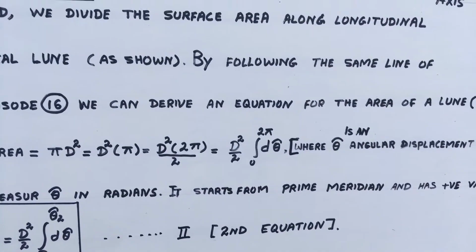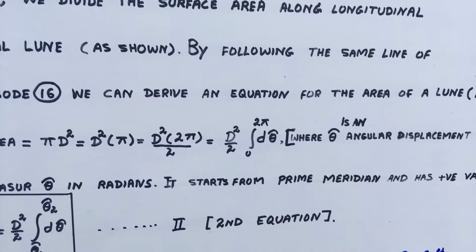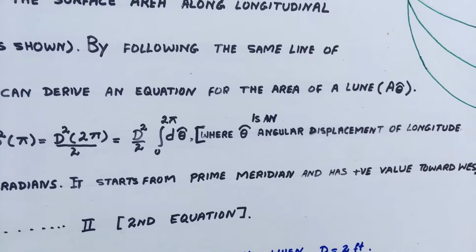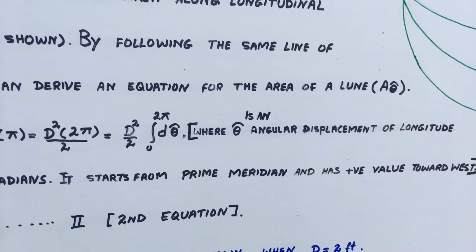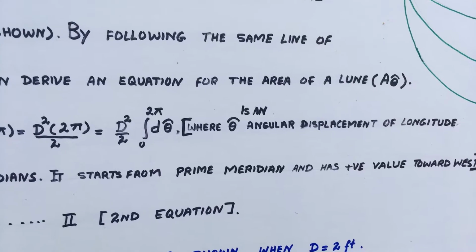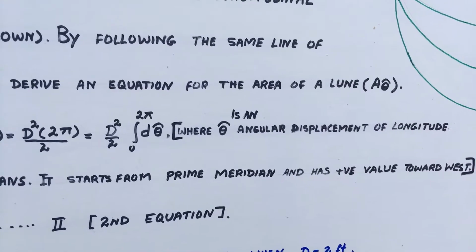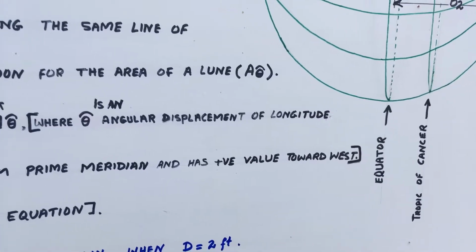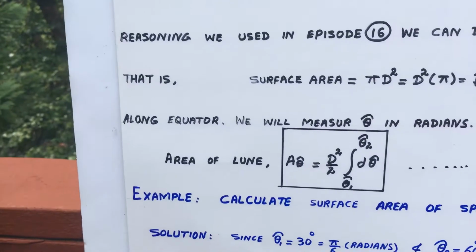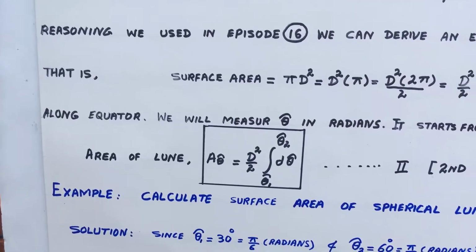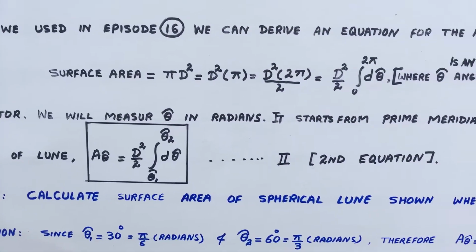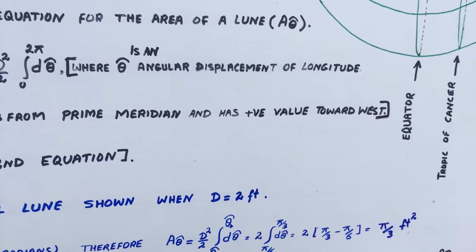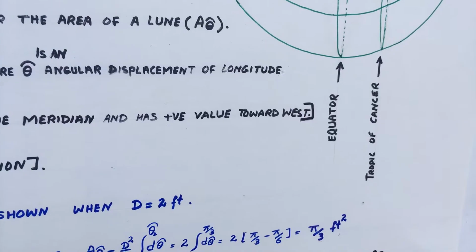So we can divide 2 pi by 2 times d square, and d square by 2 times the integral from 0 to 2 pi of d theta cap, where theta cap is an angular displacement of longitude along the equator. We'll measure theta cap in radians. It starts from the prime meridian and has a positive value towards the west.